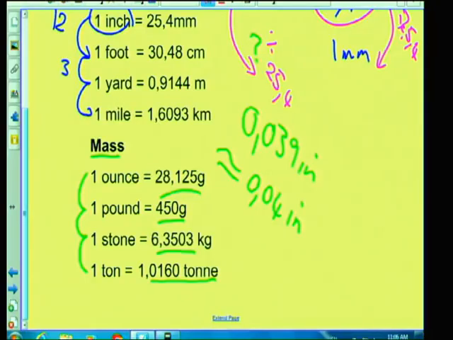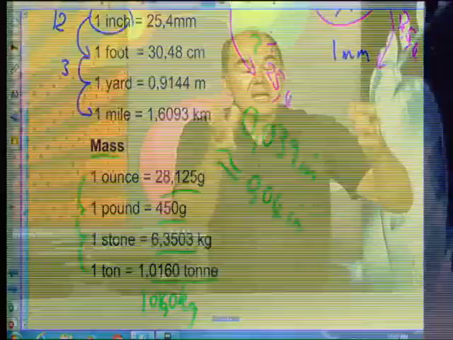One Imperial ton measured in the UK is 1,016 kilograms. So we've just multiplied by 1,000 to get my ton into kilograms. Bear in mind with that.